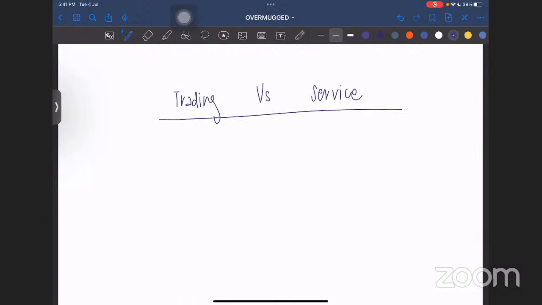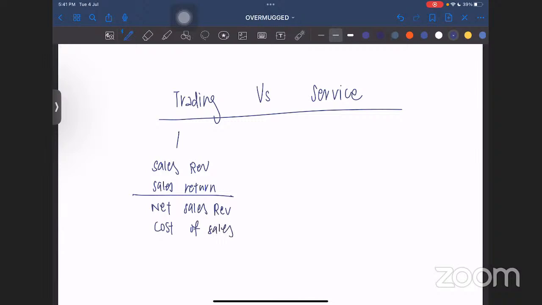Okay, so for trading business, you will have your sales revenue, then your sales return, and then you will get a net sales. And then from there, you deduct your cost of sales, and then you will get your gross profit.